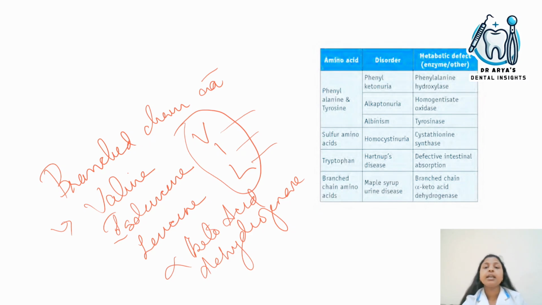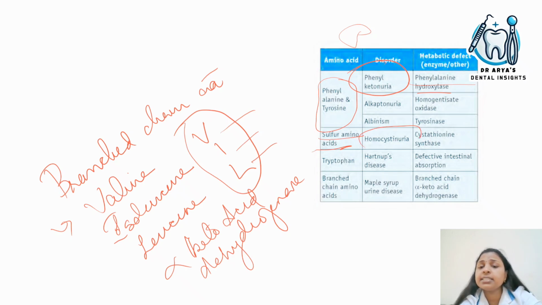Okay, and some of the other disorders, the first one is phenylketonuria. Phenylketonuria is actually due to a defect in the enzyme phenylalanine hydroxylase. Okay, and the amino acids involved are phenylalanine and tyrosine. Then, which are the sulfur amino acids?